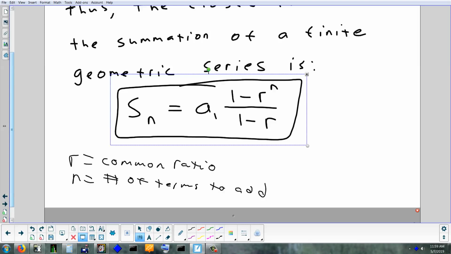And that's your formula. So a sub 1 times 1 minus r to the n over 1 minus r. Where that formula comes from, that's actually not that hard to explain, but it's just not something I'm going to go through at the moment. I want to do the example.